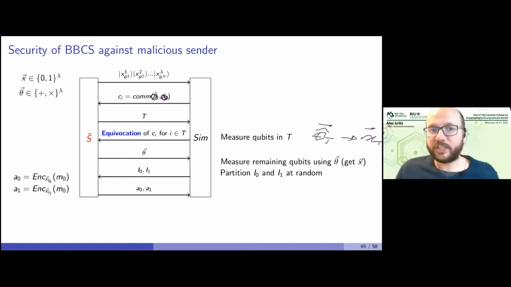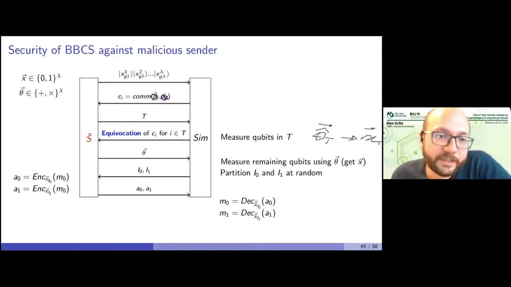And then she just splits the indices uniformly at random into I0 and I1 and sends both of them to the malicious sender. Finally, when she receives the encryptions of A0 and A1 from the sender, notice that now the simulator has enough information to decrypt both values at the same time, because since she measured in the right bases, she has both keys, and therefore she can decrypt both values.